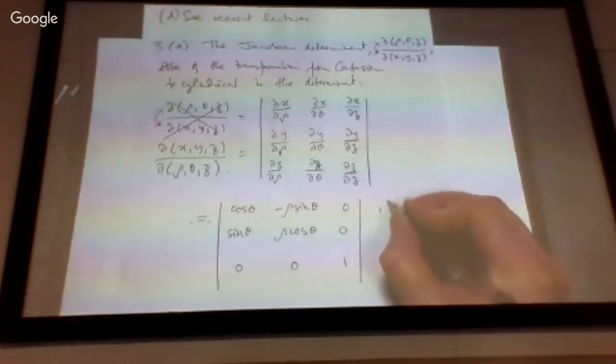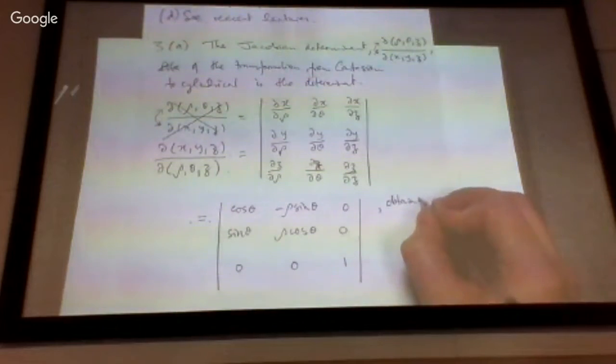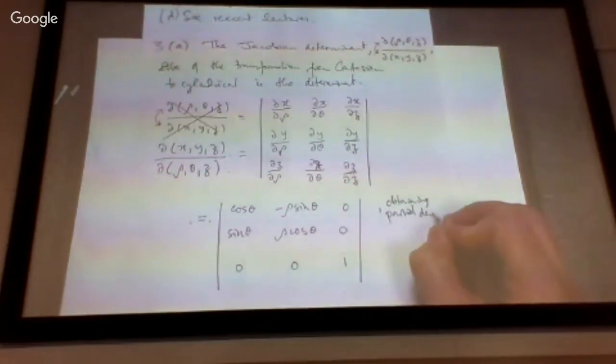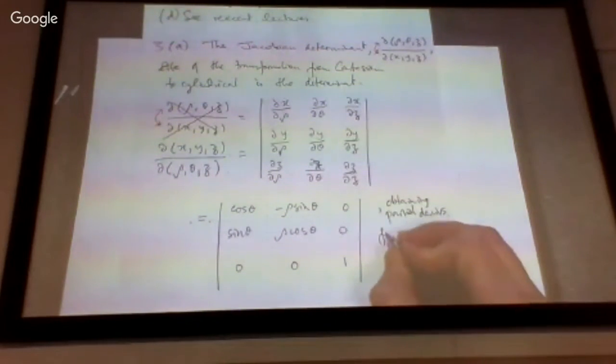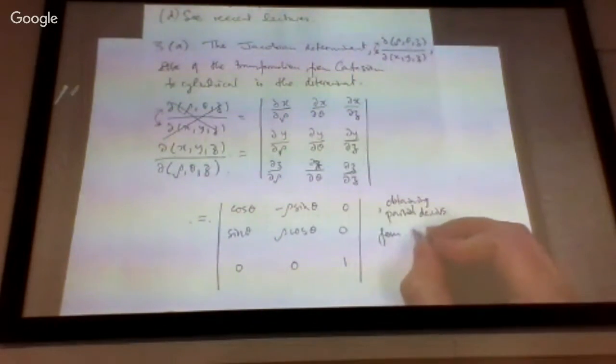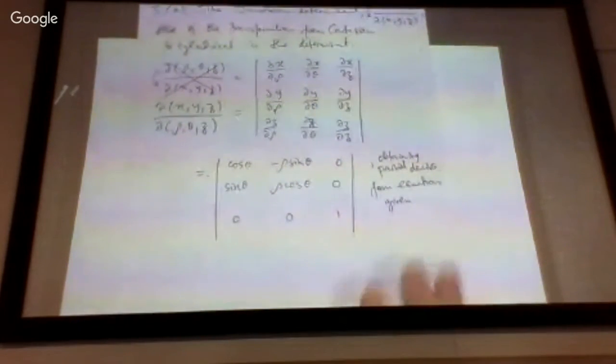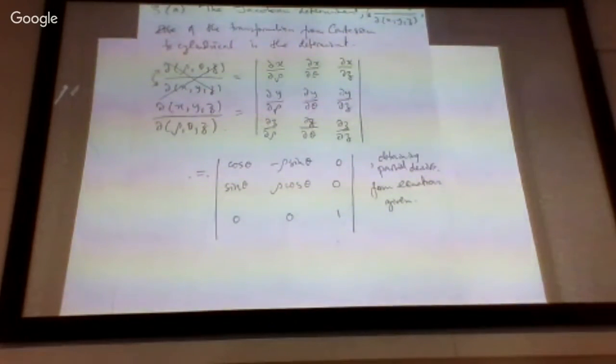So we're just obtaining partial derivatives from the equations given. So we end up with this determinant.